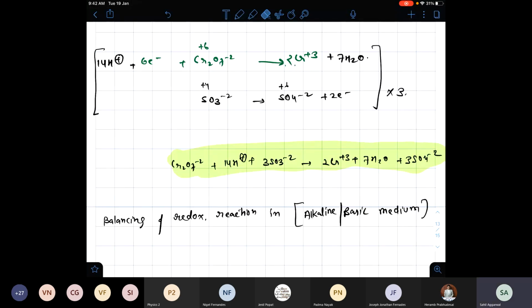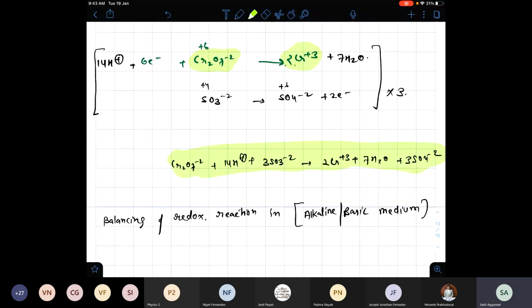For 2 atoms it will be plus 12. And on the right hand side it is plus 6. So how much difference do we have? 6 electrons. So we have added 6 electrons on the side where we had more charge.